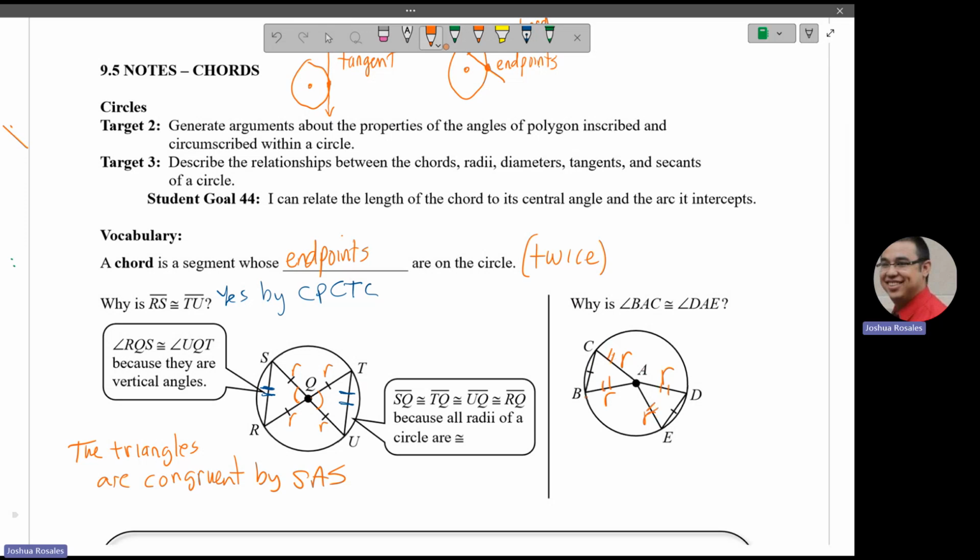And if you notice, the triangles are congruent by side, side, side. So again, if we were to take those two triangles that are the exact same and fold them on top of each other, we would observe this angle is the same as this angle. And so we would say yes again by CPCTC.